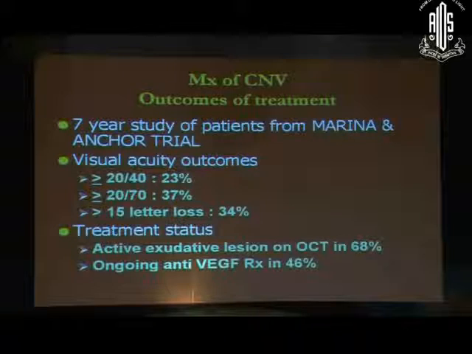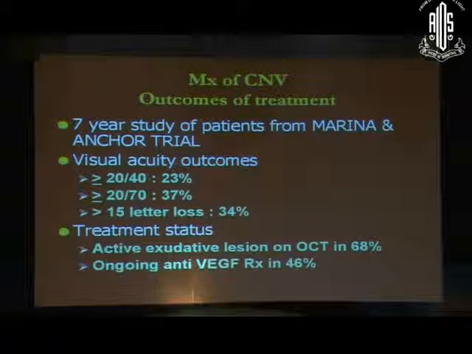You can still help at least a quarter of the patients to maintain a vision of more than 6/12. You can ensure that 1/3 of the patients have a vision of better than 6/18, which means they can even actually do most of their routine activities.